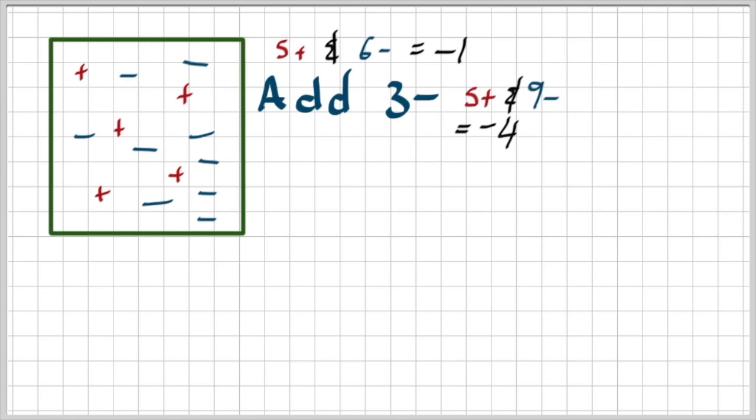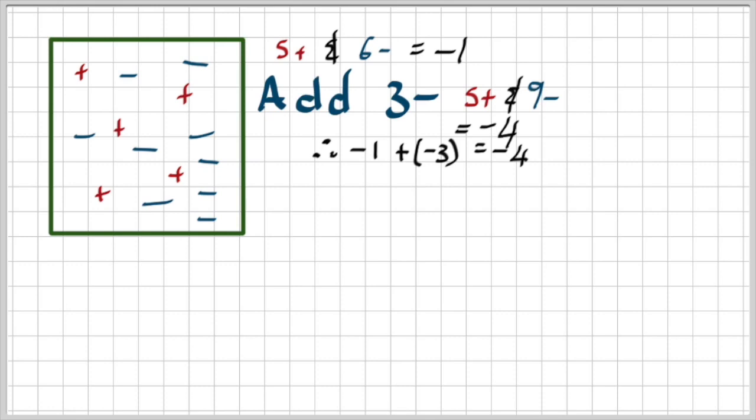Let's write this down mathematically speaking. Remember, I started with -1. And now I've added what? I added 3 negatives. And what did I end up with? I ended up with -4.